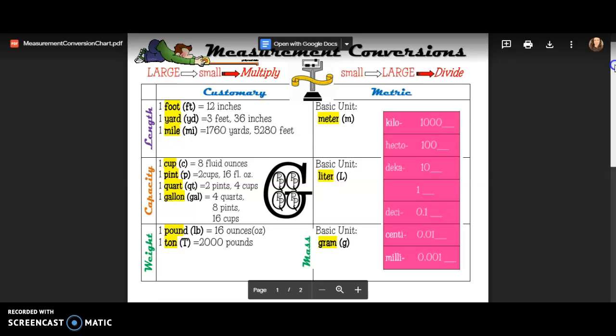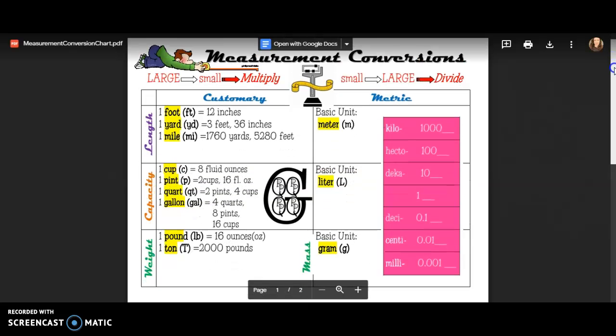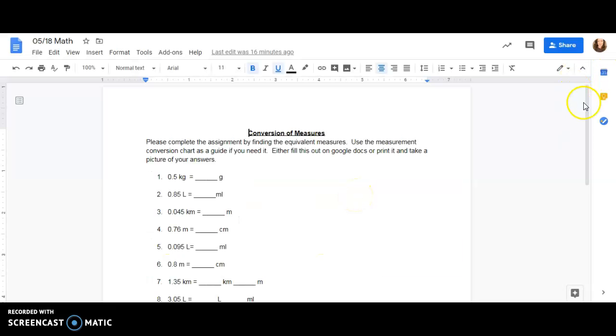I would rely on this chart, so while you're figuring it out, you can find anything there. I'm going to turn to the Google Doc that I made for you. These are problems I pulled from our extra practice from Singapore Math.